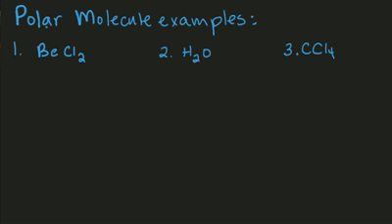Today we're going to be looking at some basic examples of determining whether a molecule is polar or not. So first things first, you need to be able to draw your Lewis structures and determine your VSEPR theory pretty easily by now, hopefully. If you were to look at beryllium chloride and you did your electron count, you should get something like this for the Lewis structure.